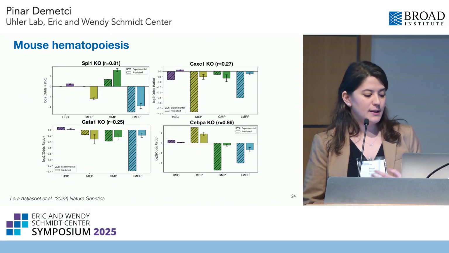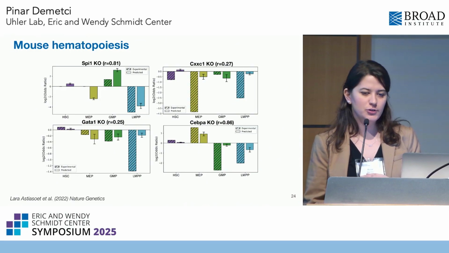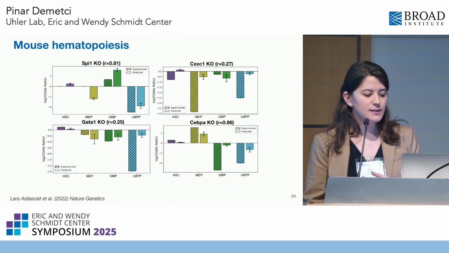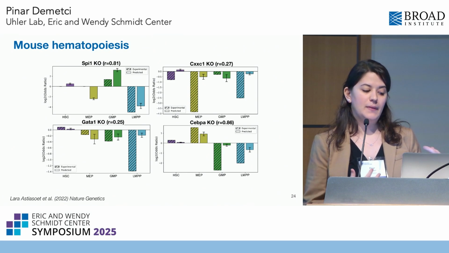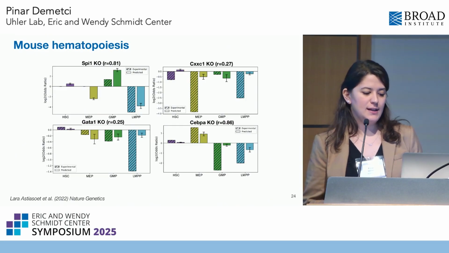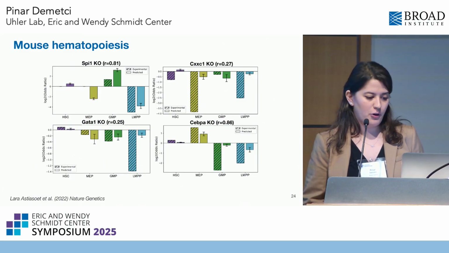So if you look at the difference in how the relative population sizes change with knockouts, and we compare it to our results in a different data set, because of the growth term, we can also now learn whether the changes in the gene expression leads to apoptosis, so we incorporate that as well. And we see that while the numbers aren't exactly super correlated, the directions are very, very well correlated.